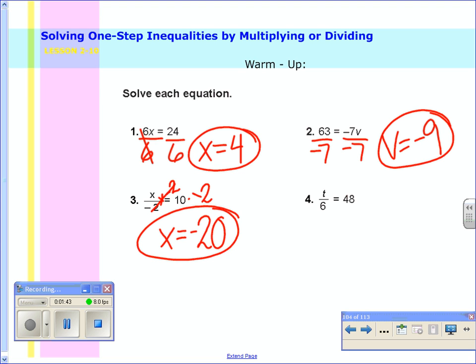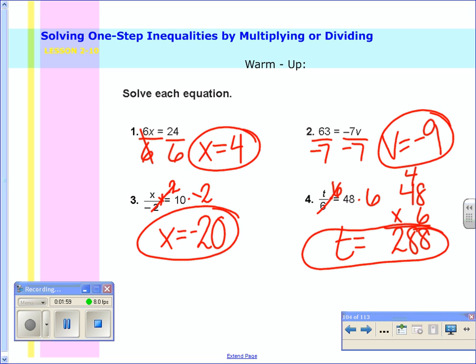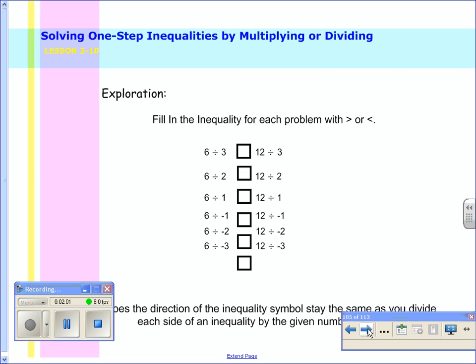And number 4, again, they're dividing, so I'm going to multiply by 6. And I get t is 48 times 6. 6 times 8 is 48. 24 plus 4 is 28. So t is 288. So you're going to use those skills in today's lesson.